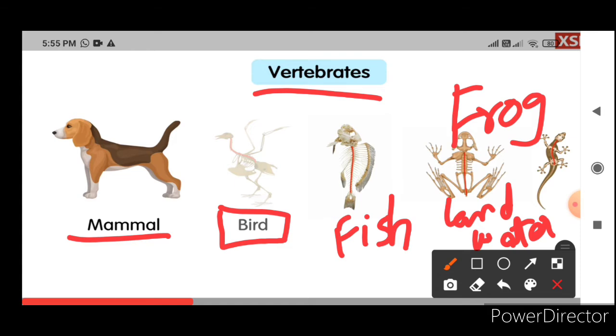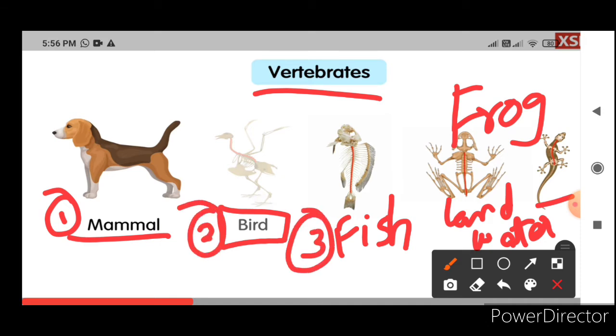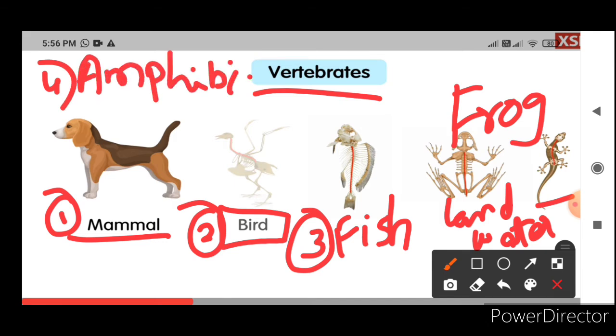And the next group is lizard. Lizard belongs to reptile group. So mammals, birds, fishes, amphibians and the reptiles. The vertebrates are further divided into mammals, birds, fishes, and the fourth group is amphibians.